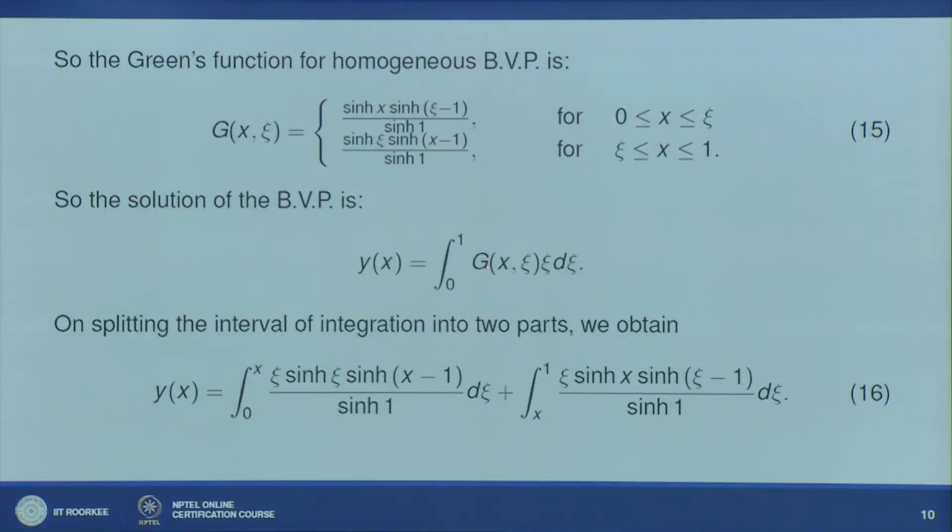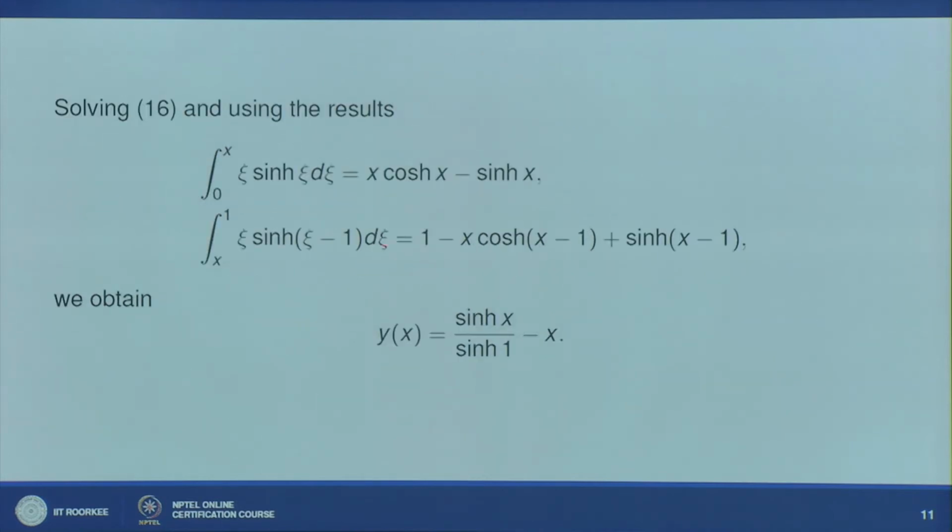So now putting the value g(x, ξ) here, which we have already calculated, we can write down like this, 0 to x and x to 1. Now everything you can calculate. Basically you can take out sinh(x minus 1) upon sinh(1), and in this interval you can take sinh(x) divided by sinh(1) out, and these are simple integrals you can find out by integration by parts, and you can say that this value is equal to this, and this integral from x to 1 of ξ sinh(ξ minus 1) dξ is equal to this quantity.